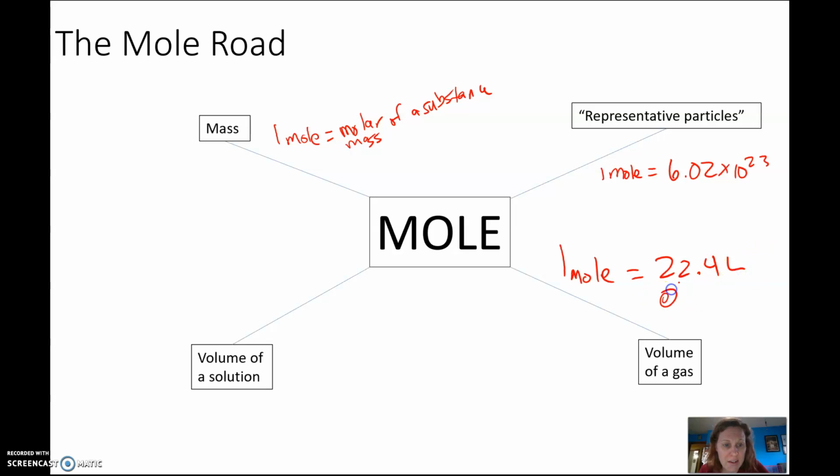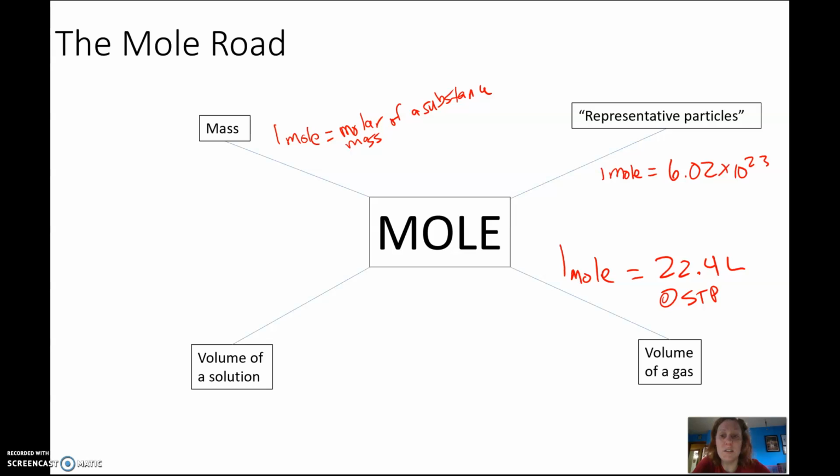Now it's at standard temperature and pressure, meaning 0 degrees Celsius, sea level. If you want to go back to that video, it was a really good one. That's how Avogadro came up with this number: standard temperature and pressure, 0 Celsius. I'm not going to make you know that. Just know that's what it means.